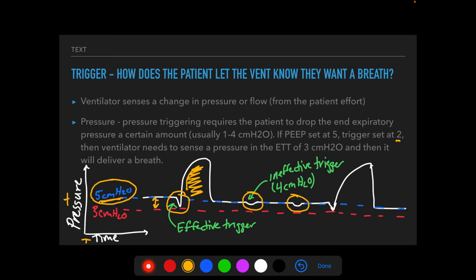Most likely the patient is attempting to take a breath, but they can't generate enough negative force to drop us all the way down to 3. All they're doing is dropping us 1 to 4. So the vent does not recognize that as an attempt at a breath, and so it doesn't give them a mechanically ventilated breath. Until here, they finally drop it again, and we fire off another breath.